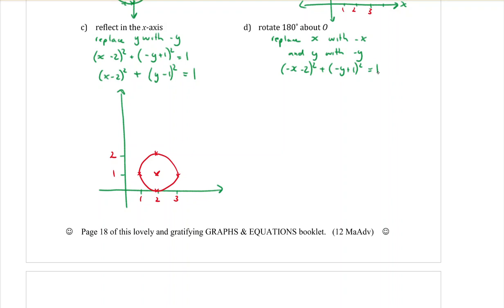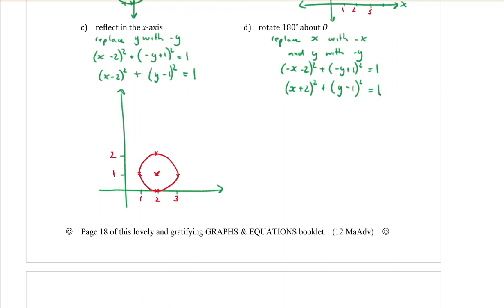Now I have to bring that minus out of both of them. So if I bring the minus out of the first bracket, it would become (x plus 2) in brackets squared. And because I'm squaring the negative that I'm bringing out, it still stays positive outside that bracket. Do the same thing for the next one. Bring the minus out of the bracket. So it'll make (y minus 1) in brackets squared, and then it's equal to 1.